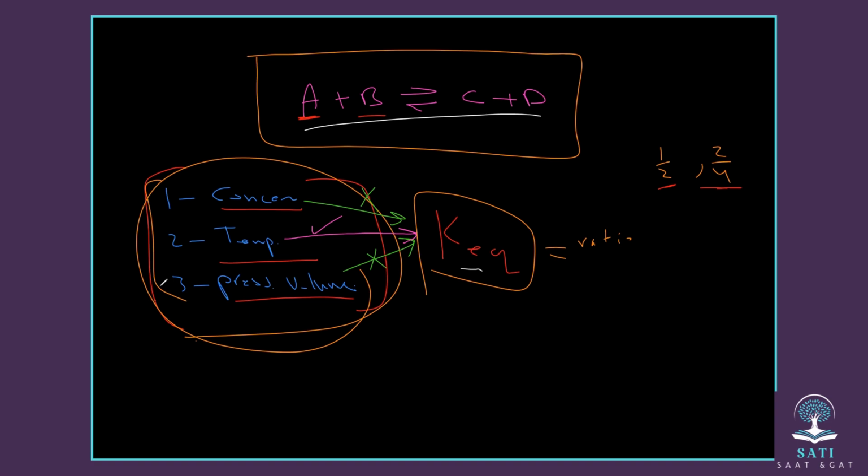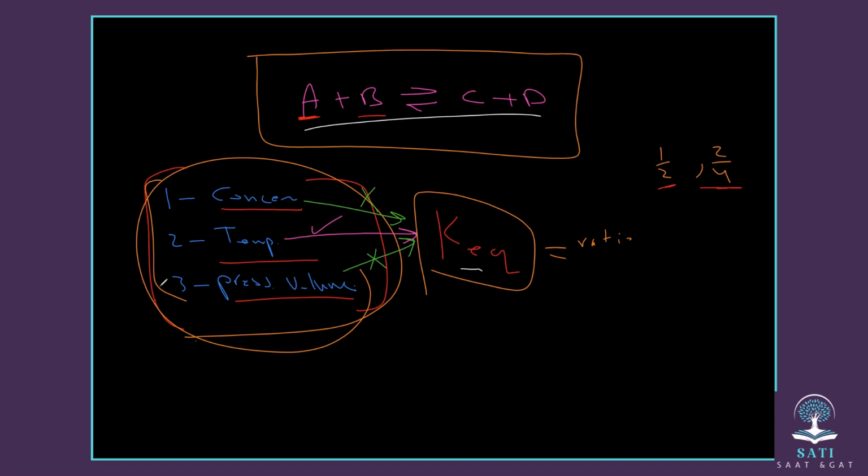But only one of them can change both the state of equilibrium and the equilibrium constant, which is temperature. So whenever I change the concentration, pressure or volume, the constant of equilibrium will not be changed. But if you change temperature, the constant of equilibrium will be changed. I hope that is clear.